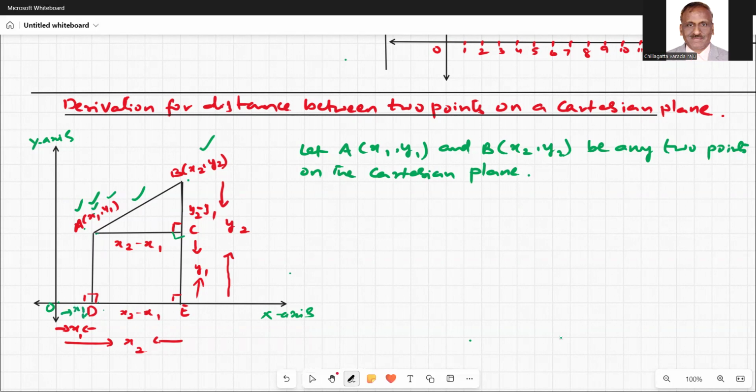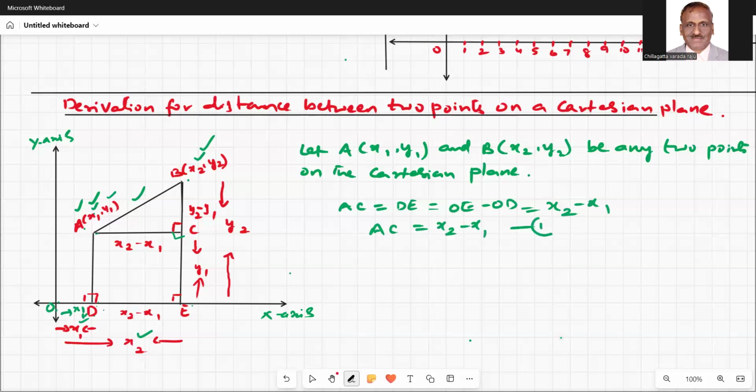The distance from O to E is the x-coordinate distance, that is x2. That means the length of DE is equal to x2 minus x1, which is nothing but OE minus OD, where OE is equal to x2 and OD is equal to x1. So AC is equal to DE, which is equal to OE minus OD, which is equal to x2 minus x1. That means the length of AC is x2 minus x1; keep this as equation 1.